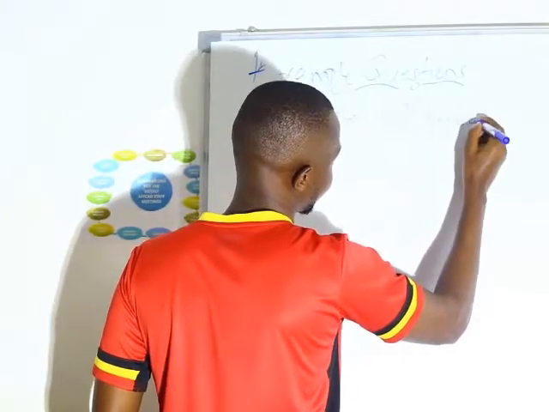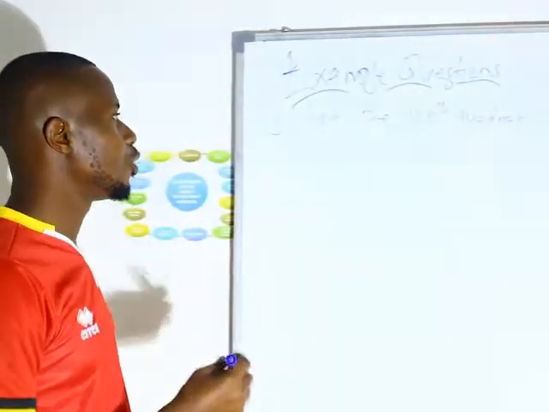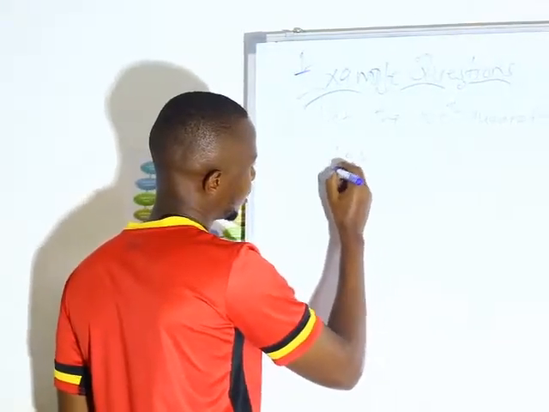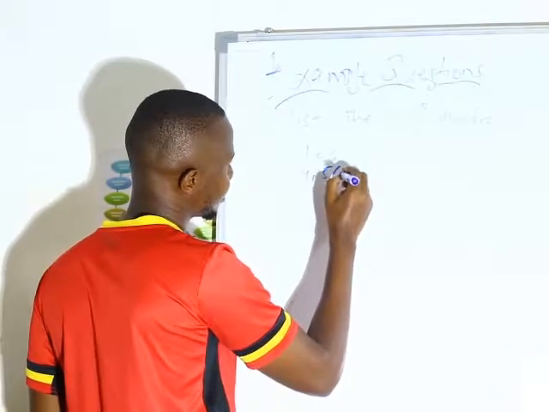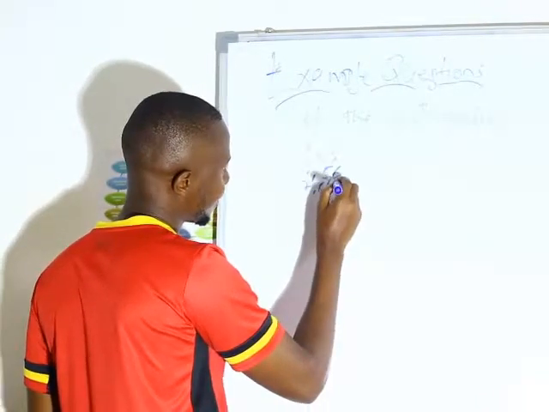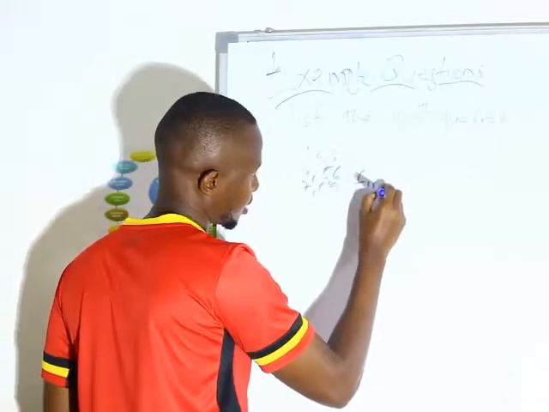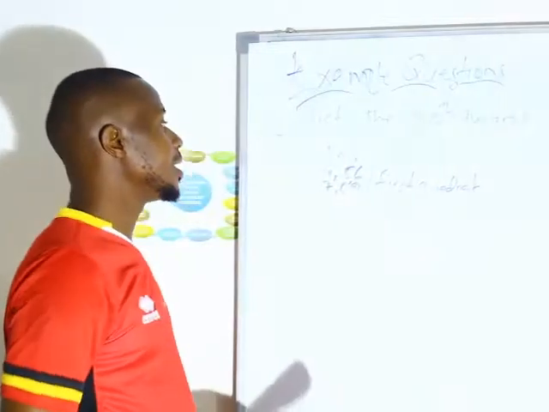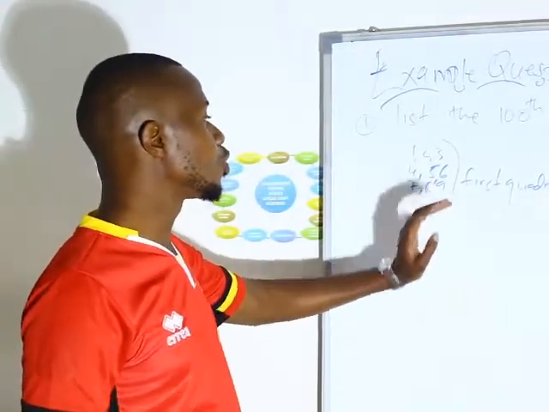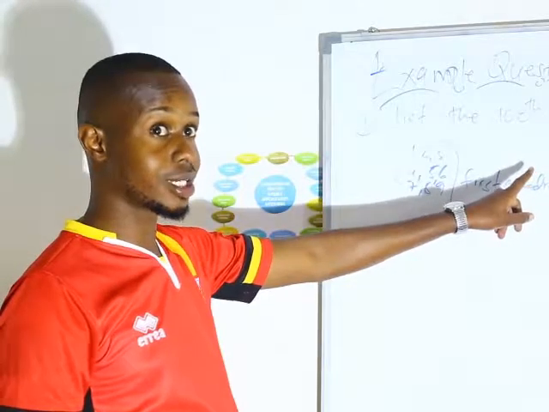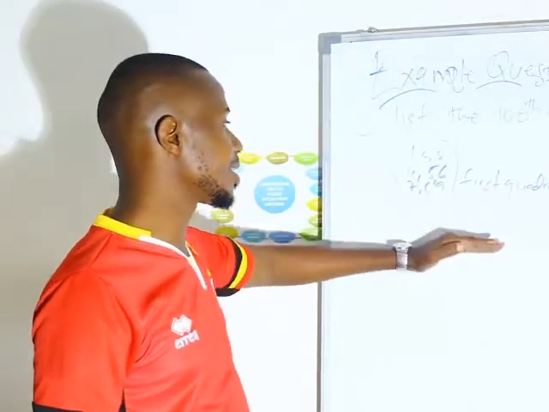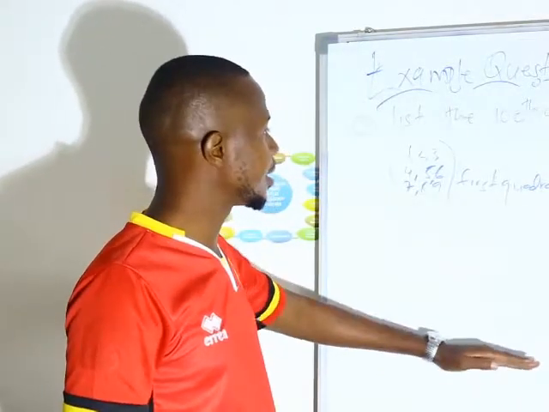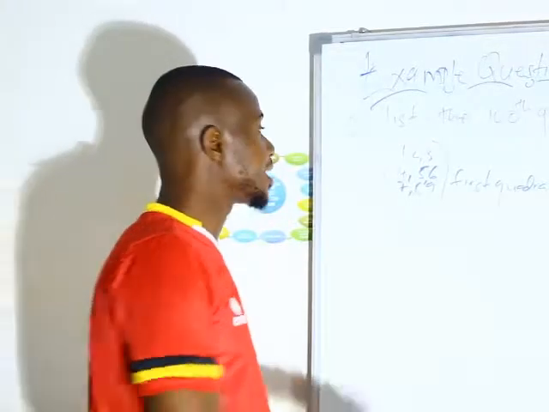As I told you previously, while writing quadrants, 1, 2, 3, 4, 5, 6, 7, 8, 9 is the first quadrant. It is very tiresome to write up to the 100th quadrant. You have to write the second, the third, the fourth, the fifth, up to the 100th, which can take papers.